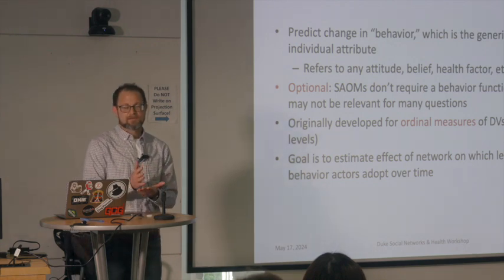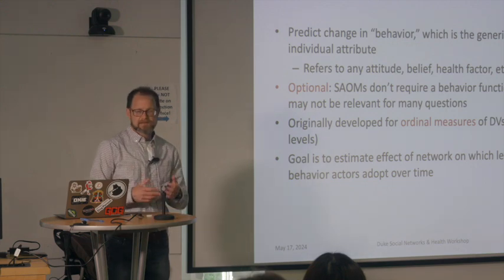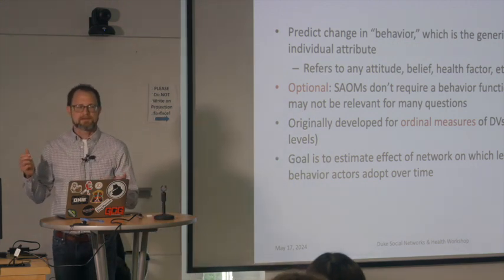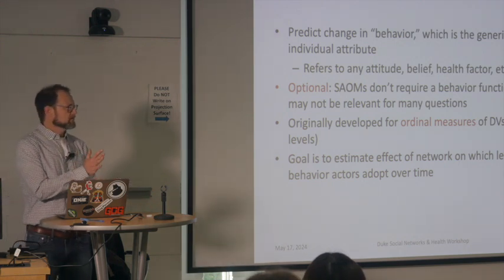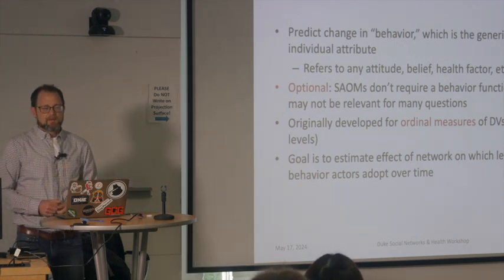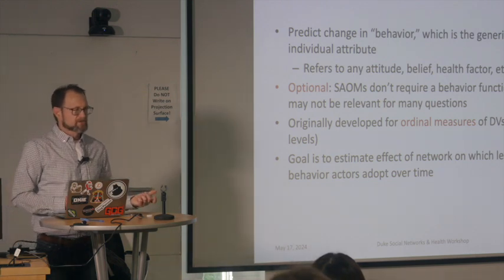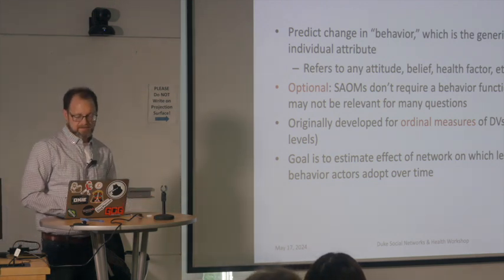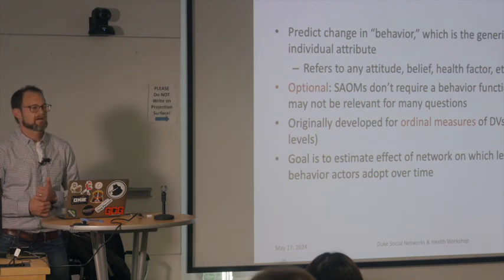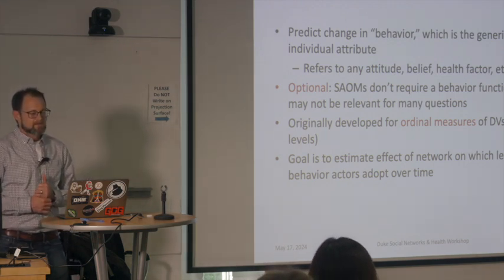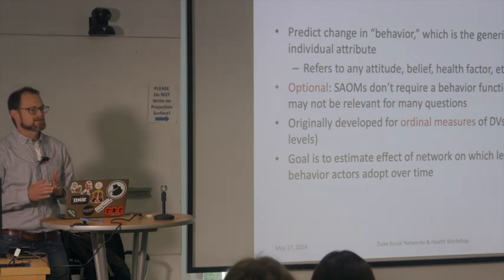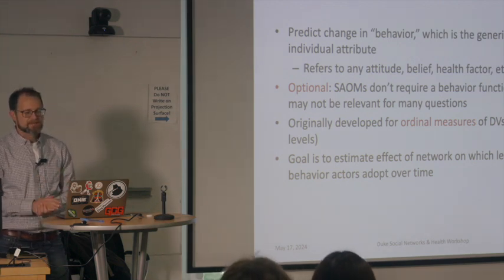You saw earlier that smoking was 0, 1, and 2. If you've got something like BMI, this nice continuous measure, you've got to turn it into these ordinal categories. There is a SIENA model, or a version of the model, that was recently developed for continuous outcomes, but there's not as much work done on that yet. So most of the modeling you'll see looks at these ordinal dependent variables.